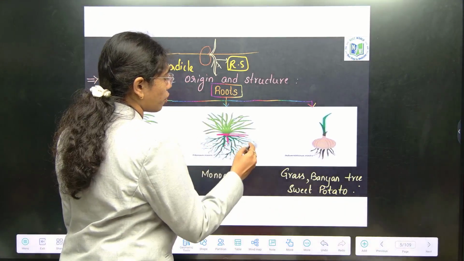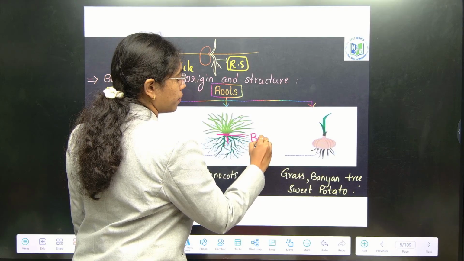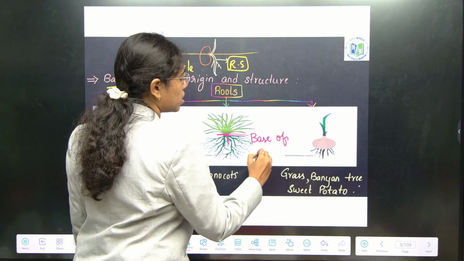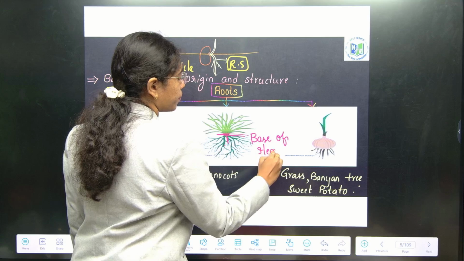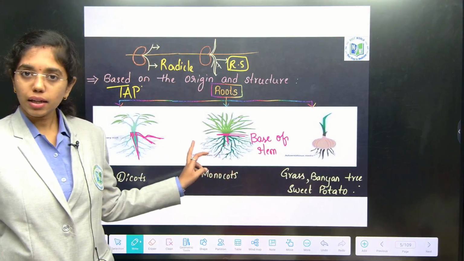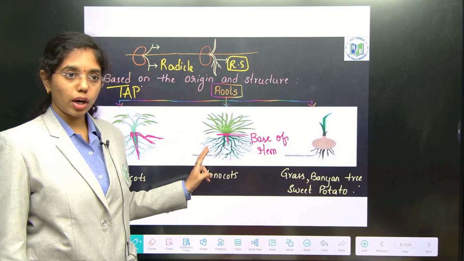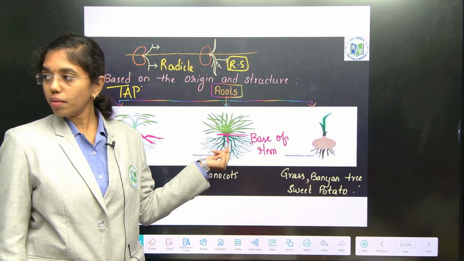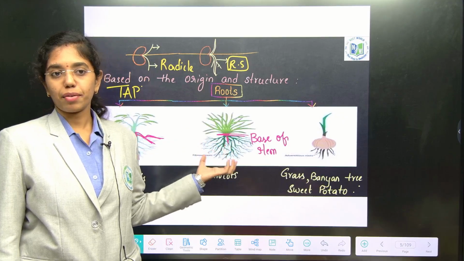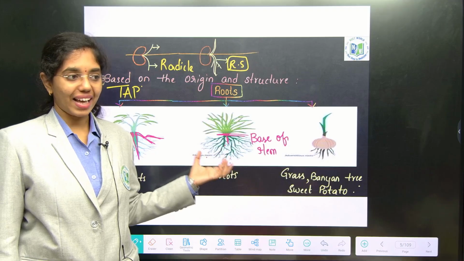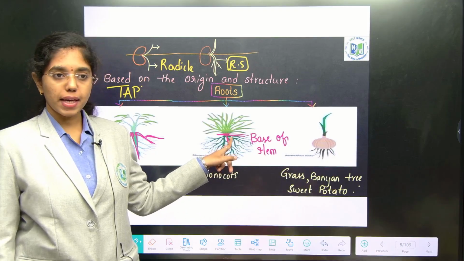From the base of the stem. Got it, ma? Radical, is it completely living or is it developing into the main root? No, it is short-lived, and from the base of the stem the roots arise in fibrous pattern. Bunch of roots will arise. From which region? Base of the stem.